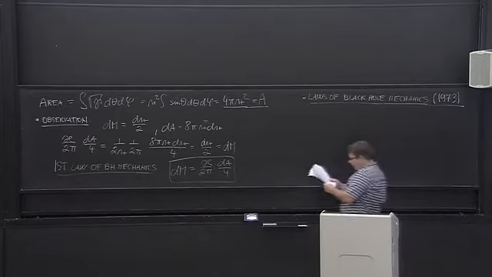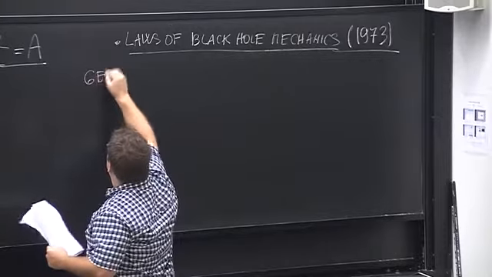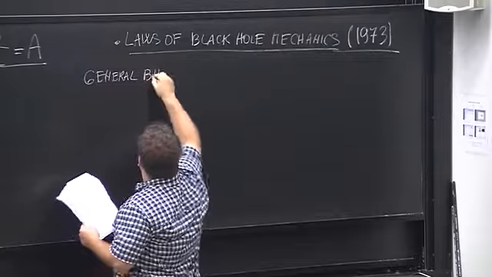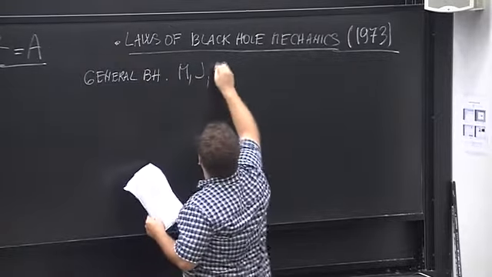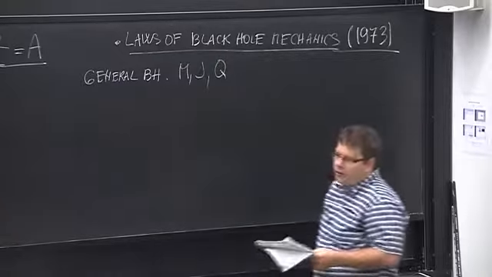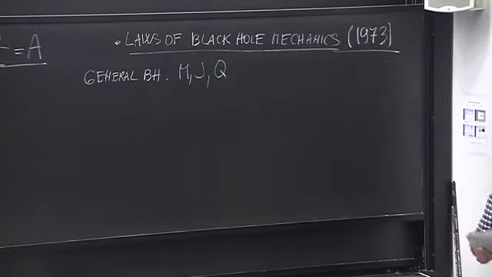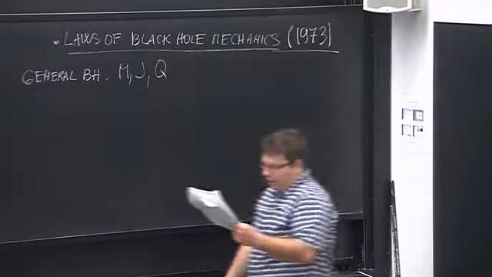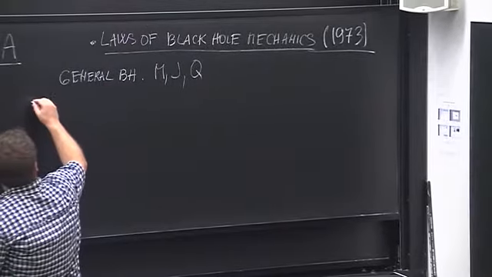So a general black hole has the mass, has the angular momentum, but can also have a charge. It can have other things. It can have magnetic charge as well. All right, and so then they formulated the following laws.